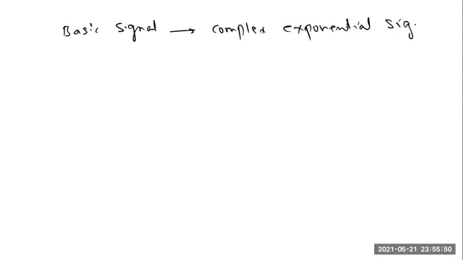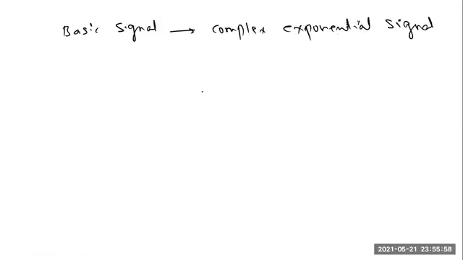So in Fourier series analysis, our basic signal is complex exponential. And if you remember, we covered this signal in detail in chapter 1.